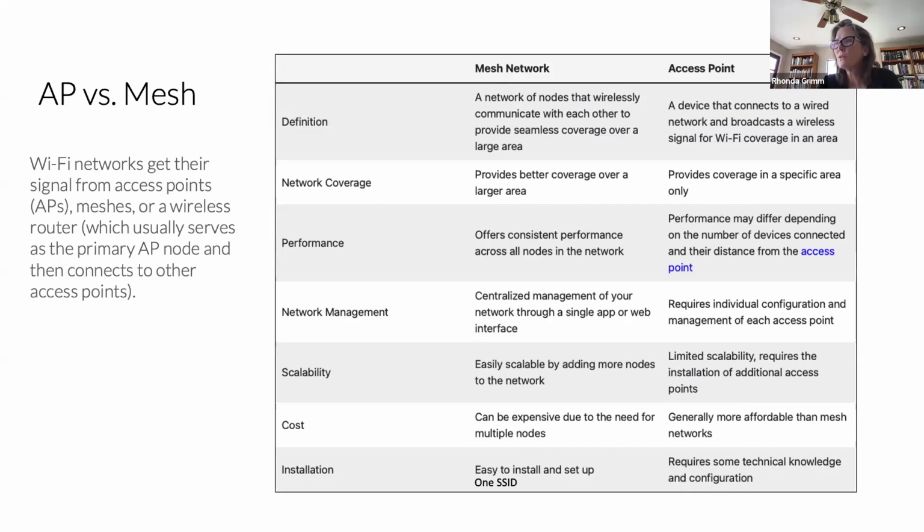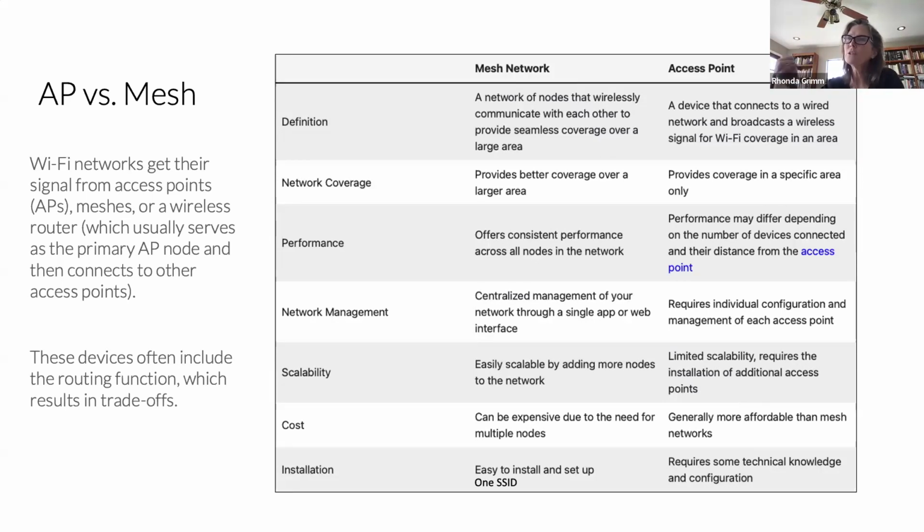In general, I think in the AV world, we run into mesh networks a little bit more often. And a lot of these wireless devices include the router function, which results in a ton of trade-offs, usually not advantageous to the routing situation, but we'll talk about that in a minute.